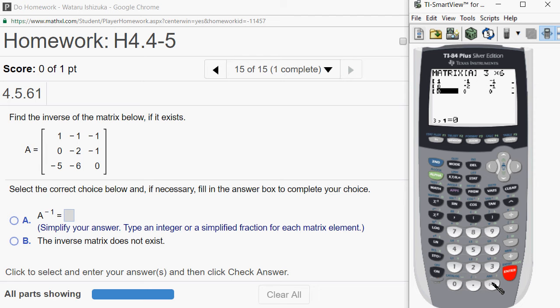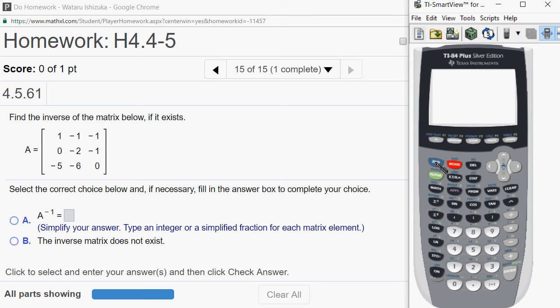Alright, third row is -5 enter, and the -6 enter, and the 0 enter. And the third row of the identity matrix 0 0 1. So it's a 0 enter, 0 enter, 1 enter. Alright, then second quit.